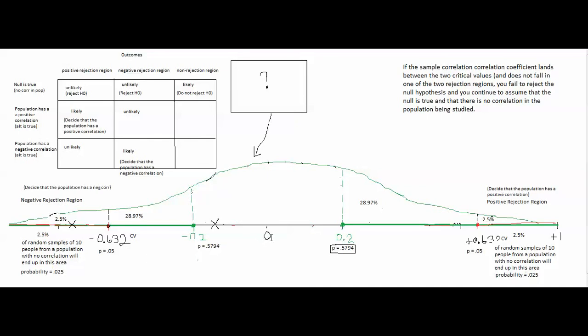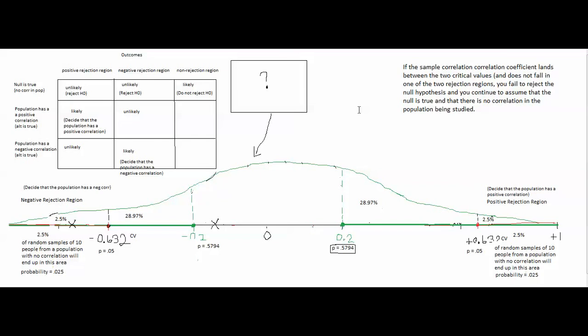So if we want to review what we talked about with the p-values, when the null hypothesis is true and you're taking a sample of 10 people, when the population has no correlation and you're taking a sample of 10 people from that population, the sample ends up out in this area, starting at negative 0.2, going out, 28.97% of the time. 28.97% of the time it ends up somewhere in this green area, starting at this dotted line, and 28.97% of the time it ends up somewhere in this area, starting at this dotted line.